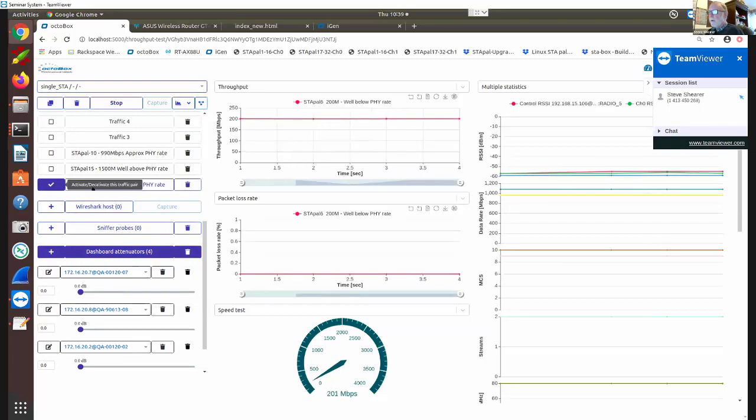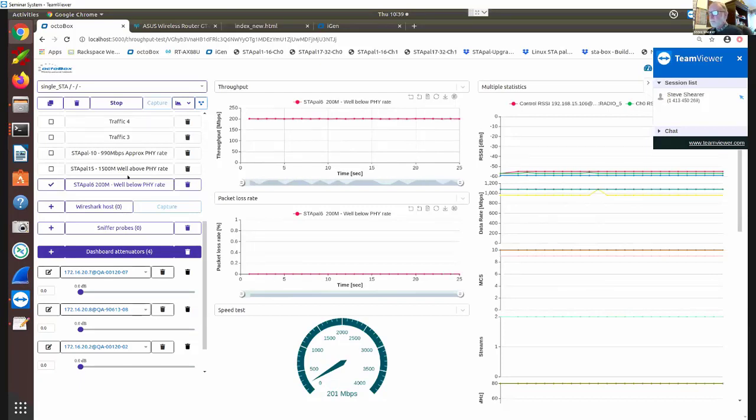As you'll see, we are connected to the first guy. We are well below the fire rate. We have 0 packet loss. We are running at a reasonably high MCS. Everything looks pretty stable here.